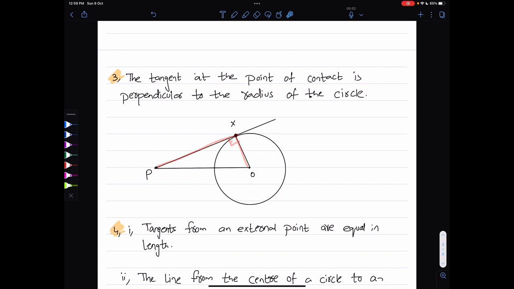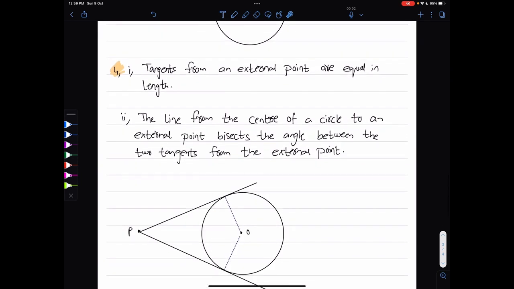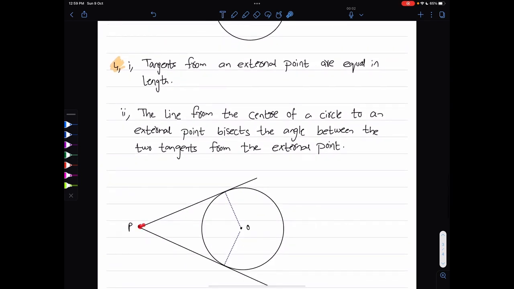Now if I extend this property further, from a single point you can draw two tangent lines, right? The tangent lines are going to touch the circle at two different points.